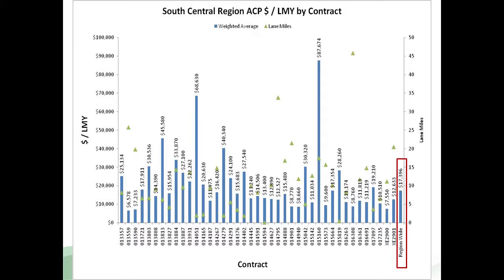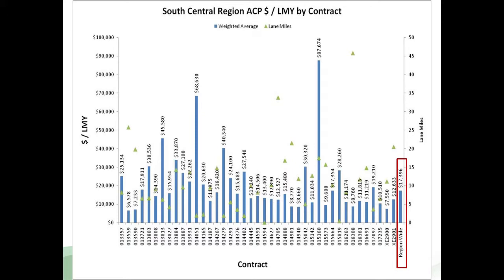So this is showing just one region, the South Central region, and on the left-hand side is this dollars per lane mile per year. But you can see that this is for individual projects, individual contracts. You see that some have very high costs per lane mile per year, and some have very low.